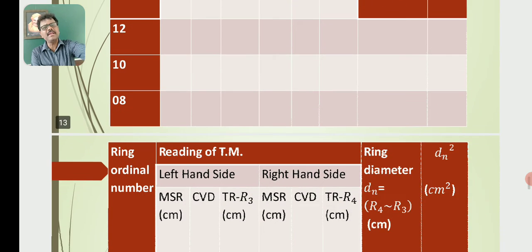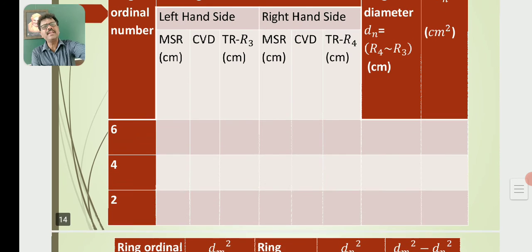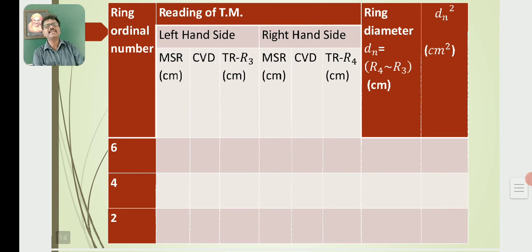So similarly for the rings 6, 4, 2, the readings of the traveling microscope, again left hand side, then right hand side, you can take MSR, CVD, then calculate R3 total reading, then again towards the right side, MSR, CVD, then R4.